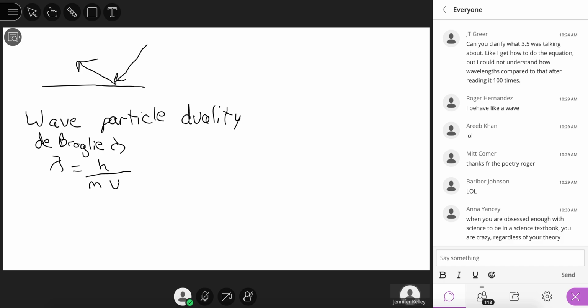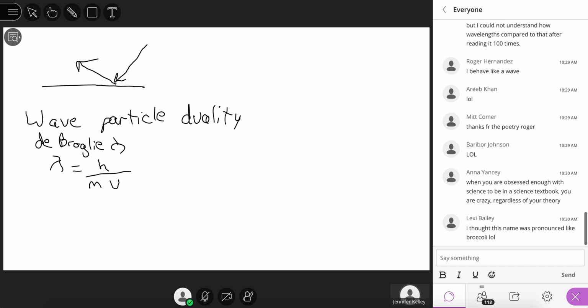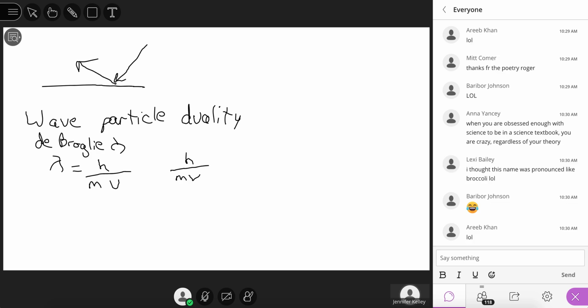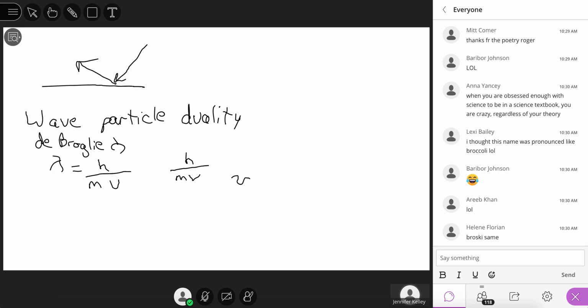Now, depending on what book you're looking at, you might also see it like this, with a nu. I think in this book they're not doing the nu because we have nu, and nu looks like this, and that's for frequency, so they're trying not to confuse you. So they use a u instead. The u is oddly enough for velocity, or speed.